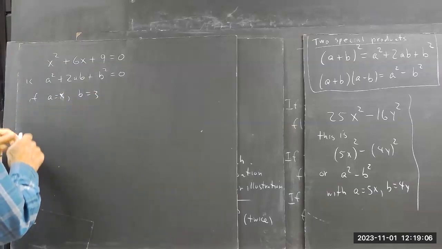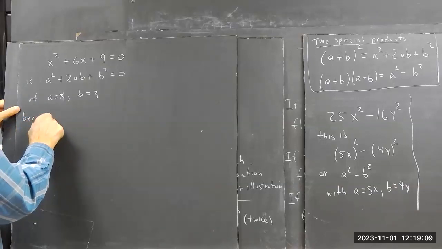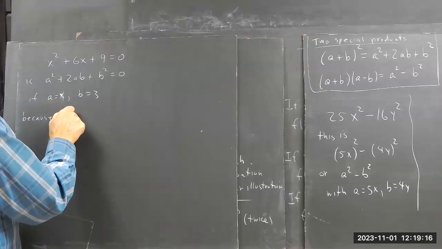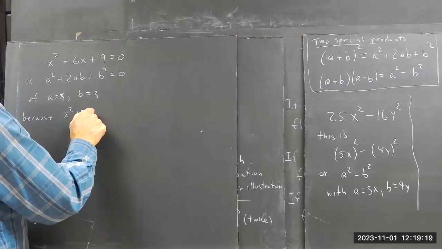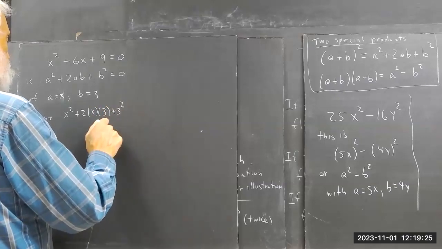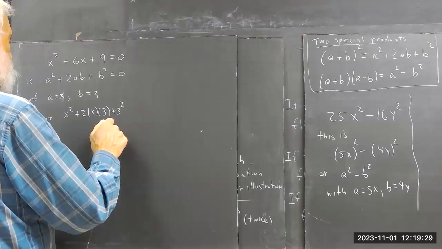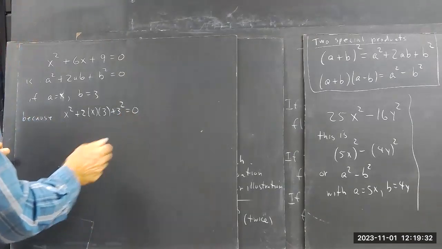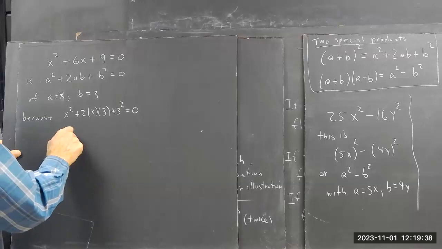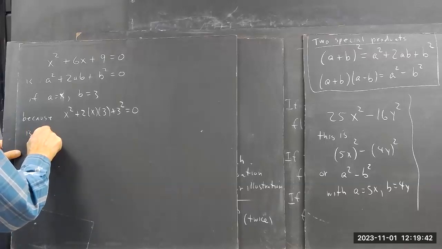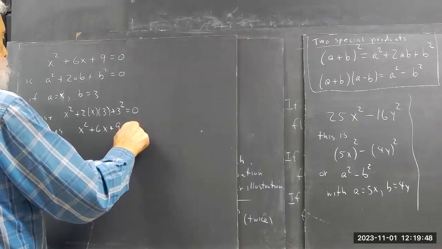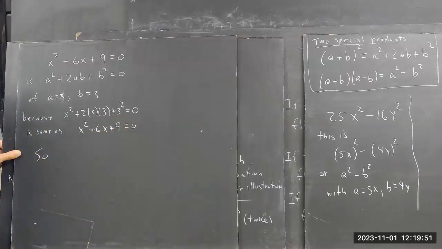A equals x, b equals 3. Debating about whether to convert it to zero, will do that. Okay.